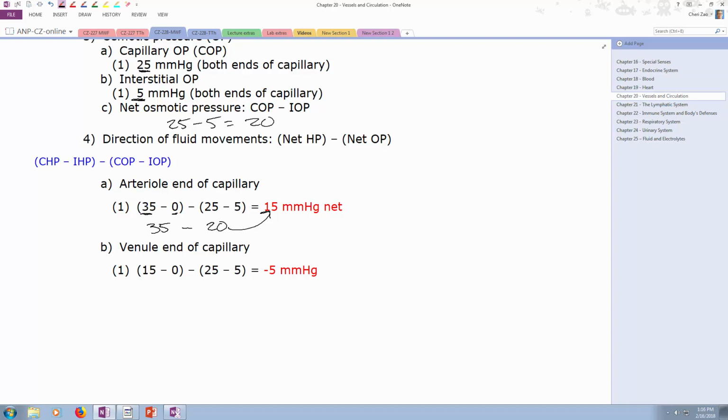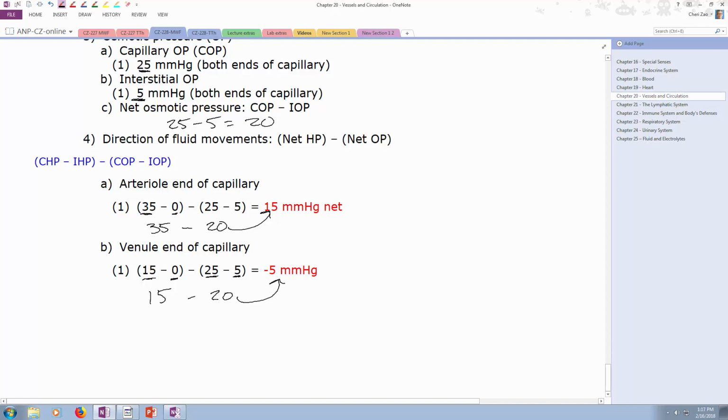Let's do the numbers at the venule end. Capillary hydrostatic pressure minus interstitial hydrostatic pressure gives us 15, minus capillary osmotic pressure minus interstitial osmotic pressure, which we already stated was 20. That ends up giving us a negative 5 millimeters of mercury.